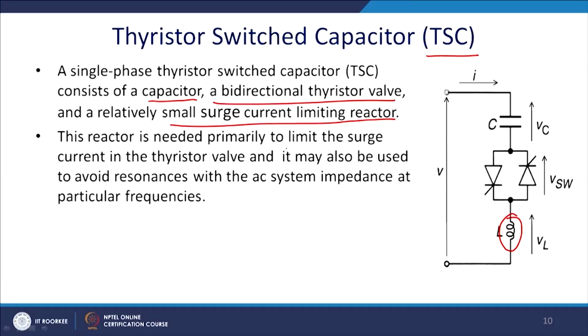The reactor is needed primarily to limit the surge current, otherwise high current will flow and may damage the thyristor valve, and it is also used to avoid resonance with the system.